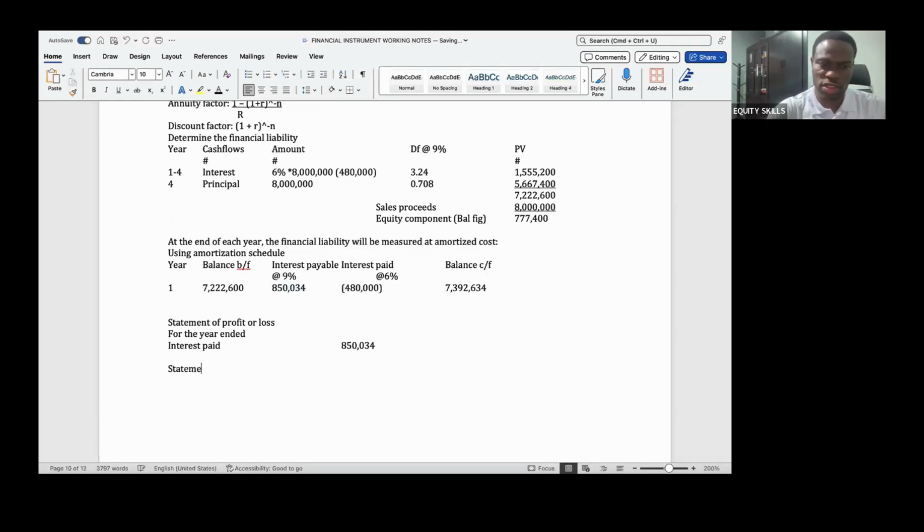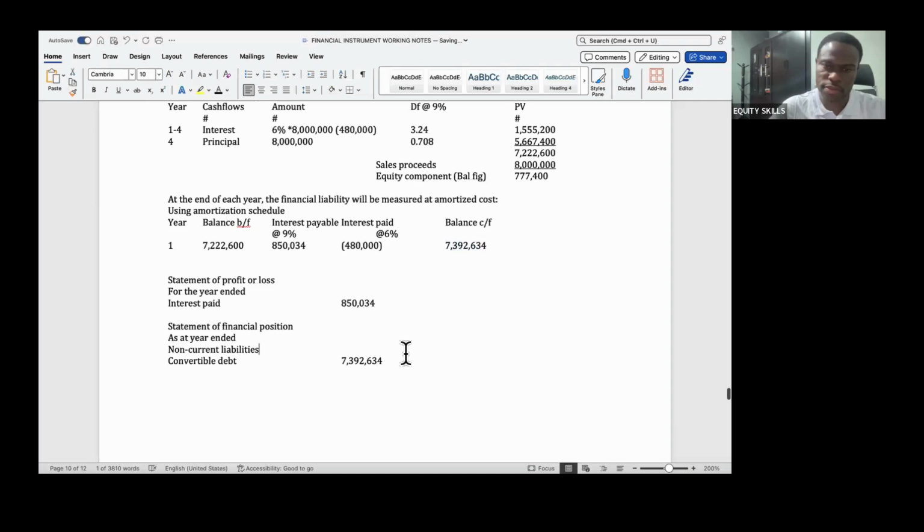And also in your statement of financial position as at year end, under your non-current liabilities, you have this convertible debt as 7,392,634, which is this balance here.